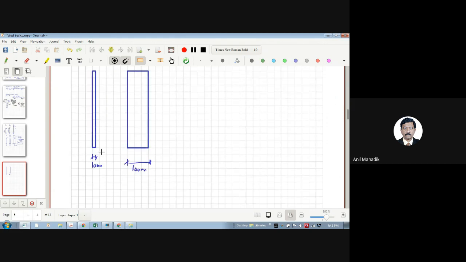This is your side view, and this is your front view. Both members are the same, only the views are different. If you see the plan, this is your 10 mm and this is your 100 mm.